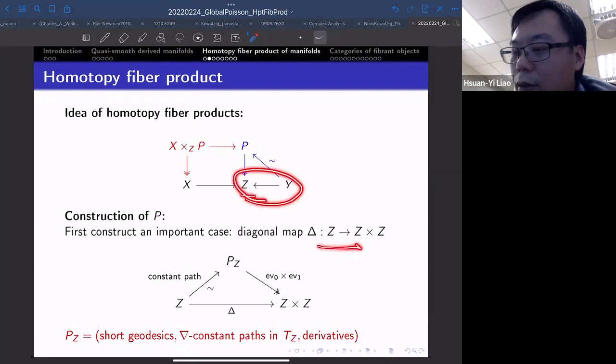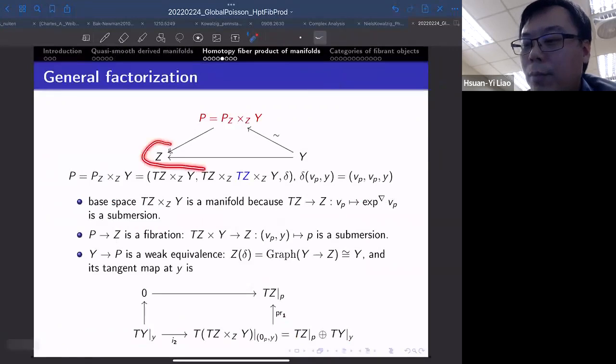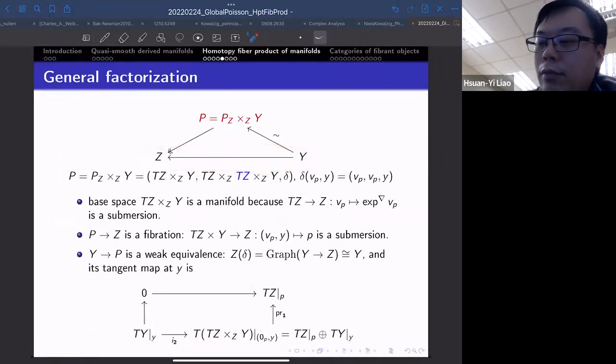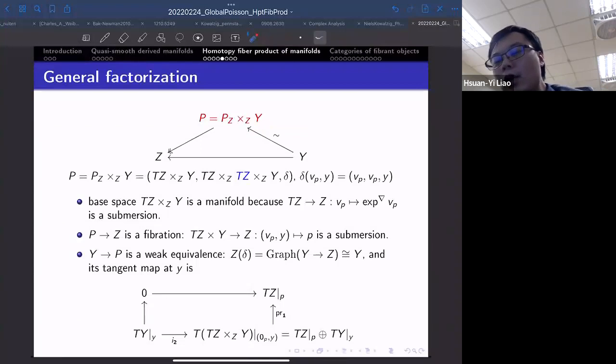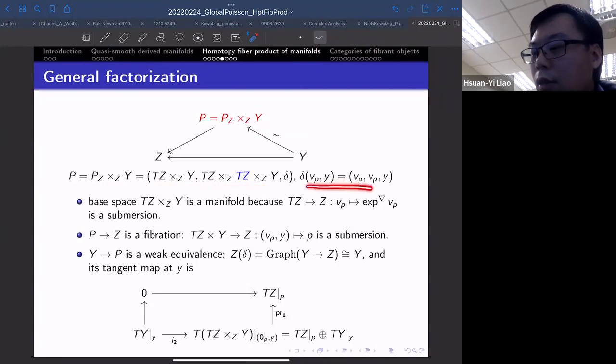Now we want to factorize the general map. So for a general map Y to Z, I just factorize like this. I just take P to be PZ, what we got for the diagonal map, times Y, PZ times Y. More precisely, P is a quasi-smooth derived manifold, and the base manifold is this. The total space is this, and the section is this.